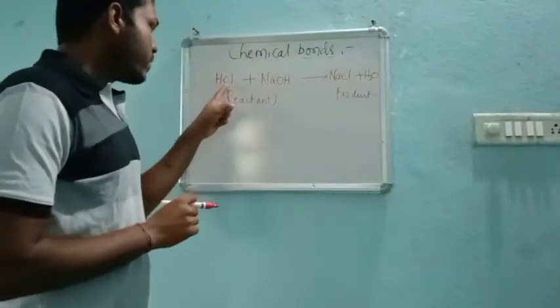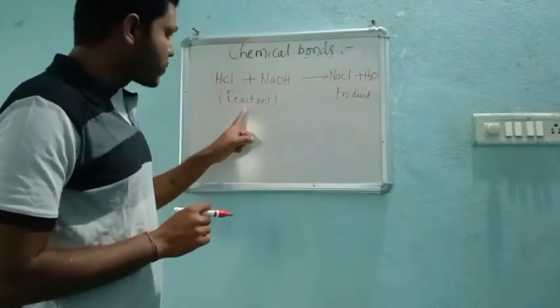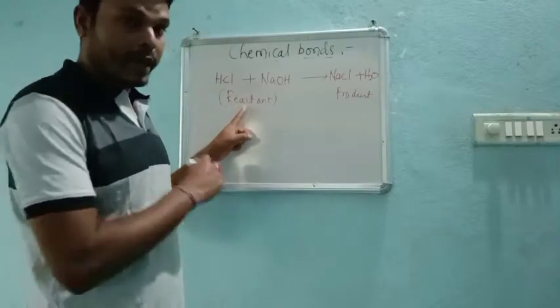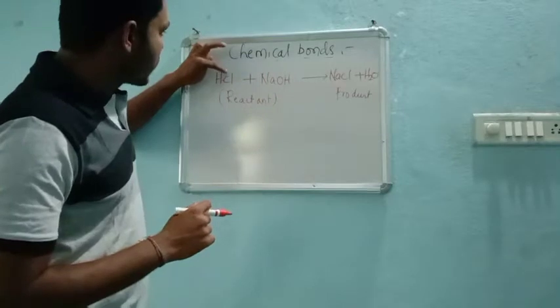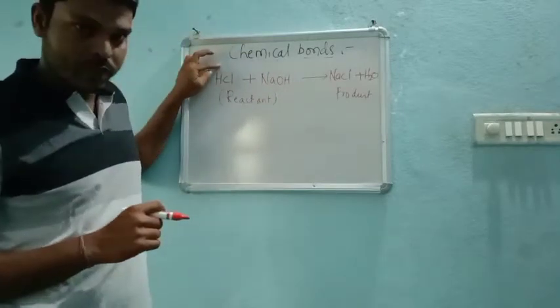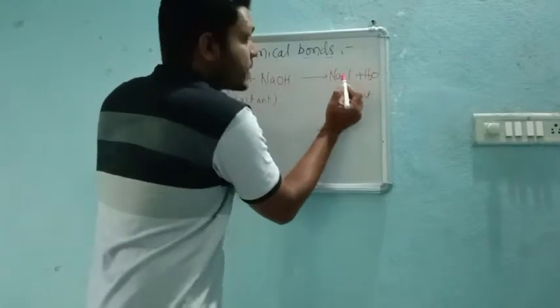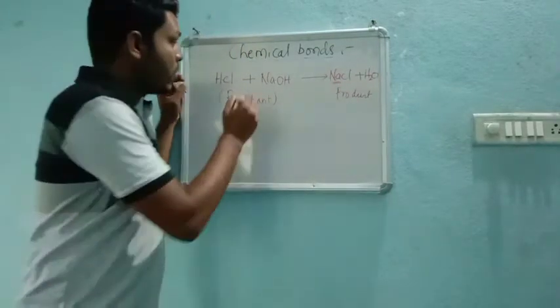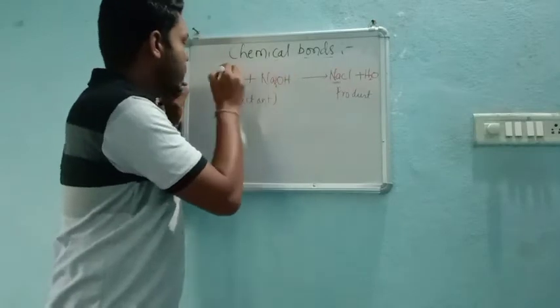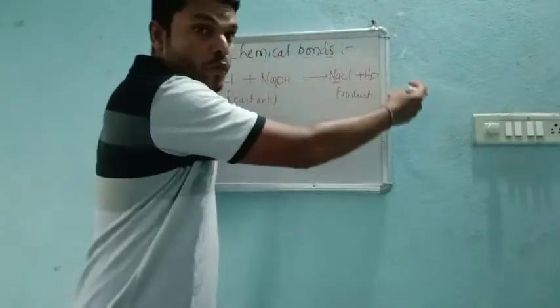See, Cl before in the reaction, in the reactant left hand side, Cl was having a bond with H, but now in the product, Cl came with Na. Right? That means old bond has broken and new bond has formed.